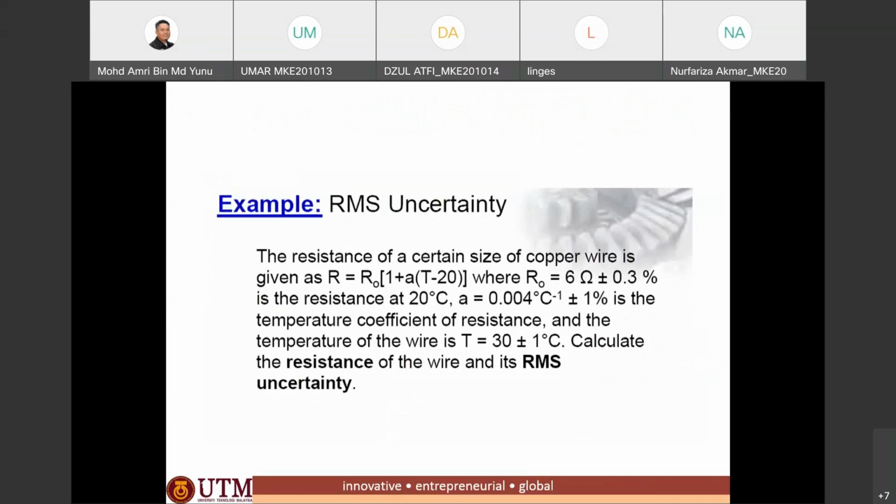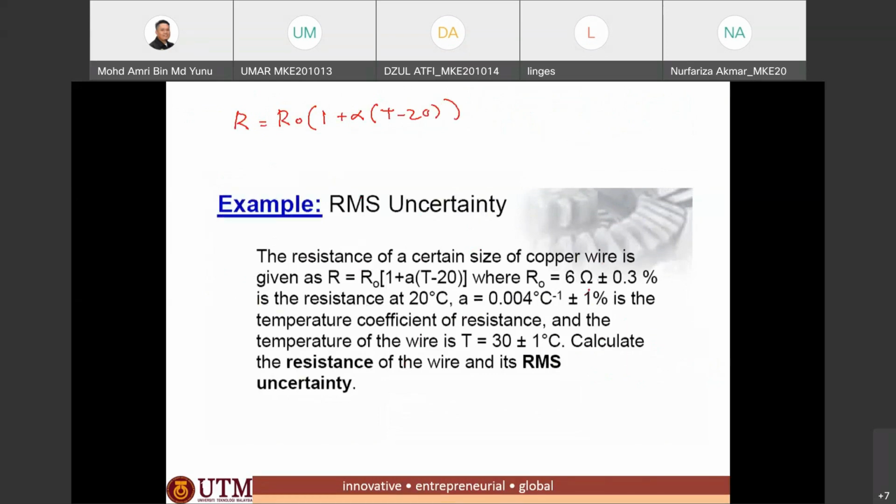Okay, so in this example, it's a much more straightforward question. So we have R equal to R naught times 1 plus alpha times t minus 20.